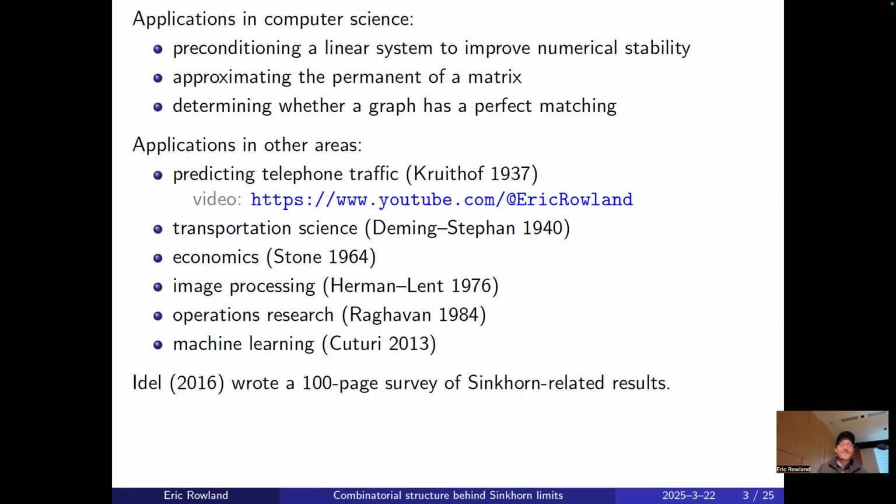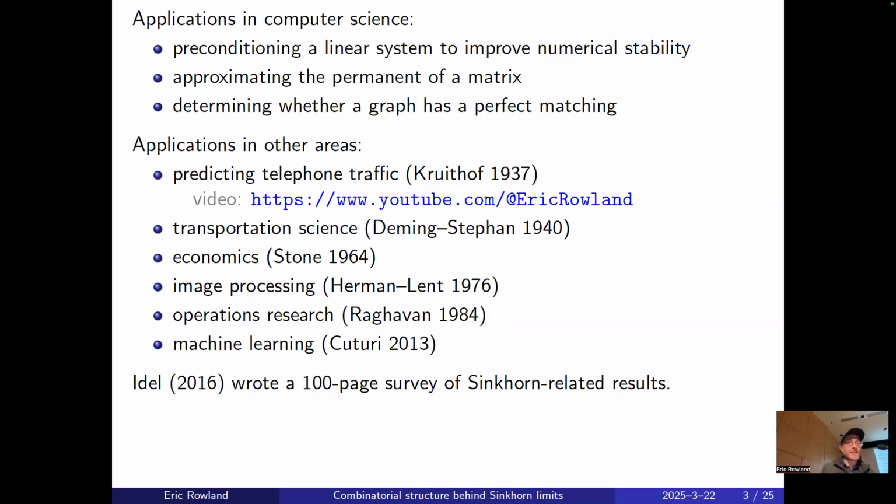So Sinkhorn limits really should be better known than they are. I only heard about them right before we started this project. They have a huge number of applications in computer science and in other areas. In computer science, if you're solving a linear system of equations numerically, you can use them to precondition the system to improve the numerical stability of your solution.